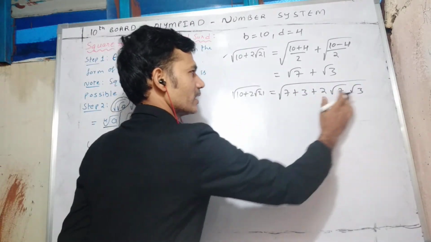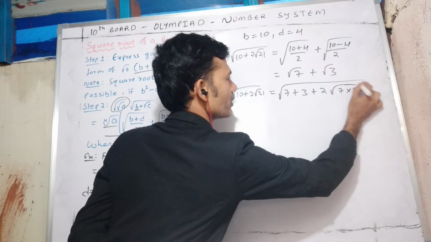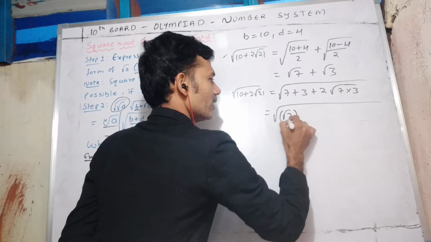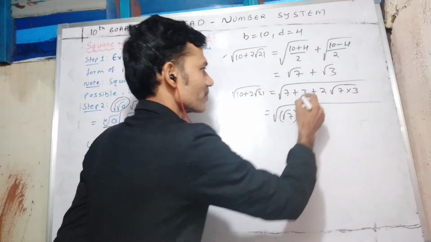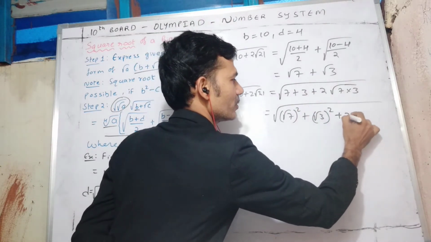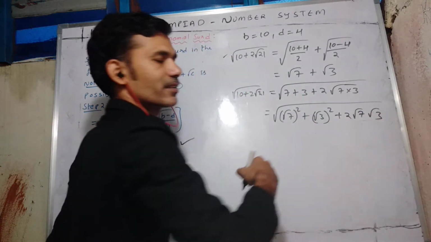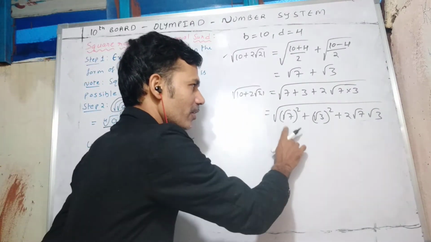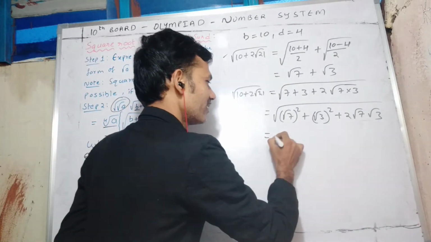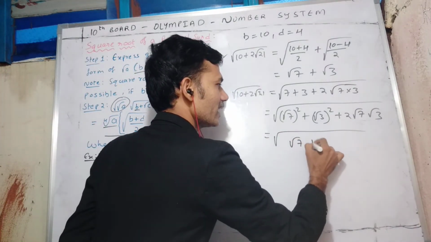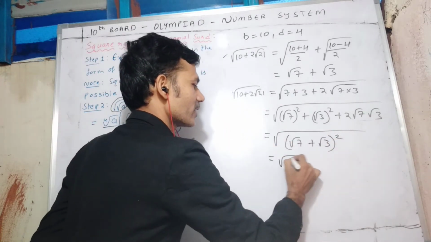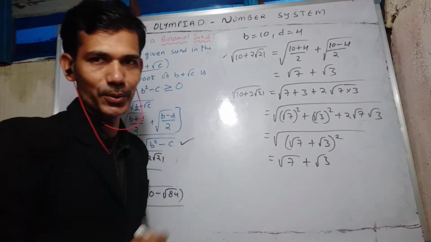Now we can apply the algebraic identity. Root 7 whole square plus root 3 whole square, that is nothing but 3, plus 2 times root 7 into root 3. Now it is in the form of a square plus b square plus 2ab. Then we can apply the algebraic identity and write a plus b whole square. Square and square root will get cancelled. Finally, what we'll get? Root 7 plus root 3.